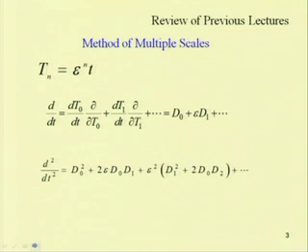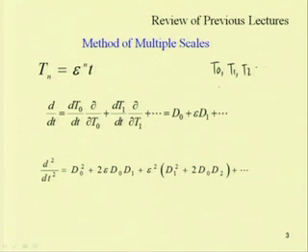In the method of multiple scales, we take different time scales, which can be represented by T n equal to epsilon to the power n times t, where t is the time and epsilon is the bookkeeping parameter. These time scales are T 0, T 1, T 2, where T 0 equals t, T 1 equals epsilon t, and T 2 equals epsilon square t.